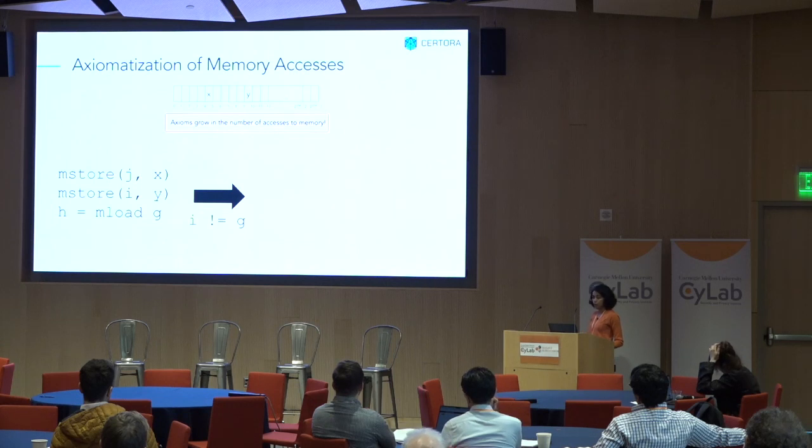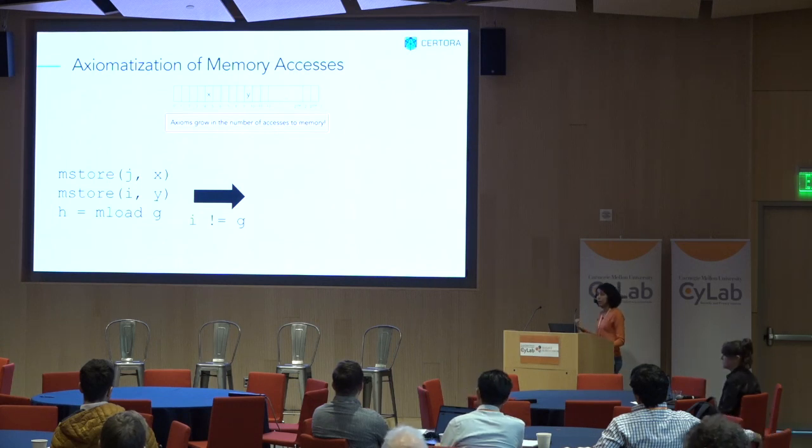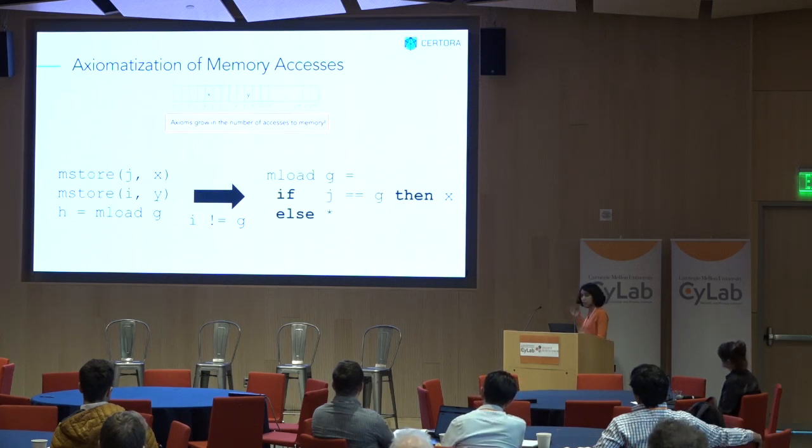Now, what if there was a way for you to know in advance that G and I are never aliased? If you can infer these kinds of facts, then you can simplify the axioms, so you have fewer branches in the axioms that you generate.